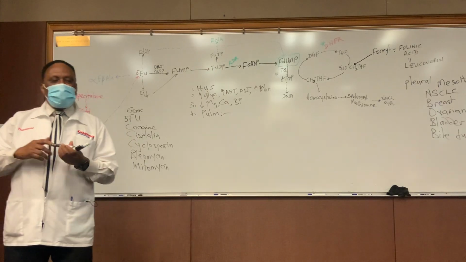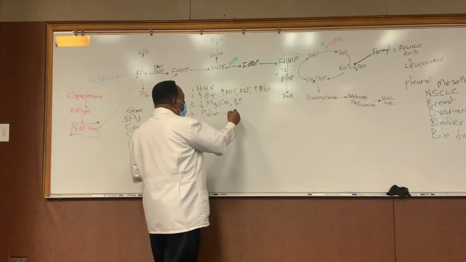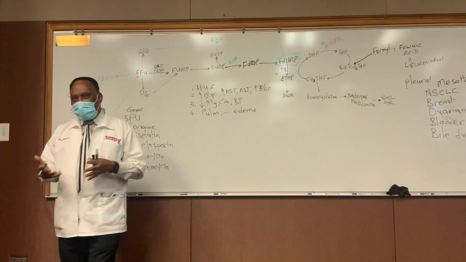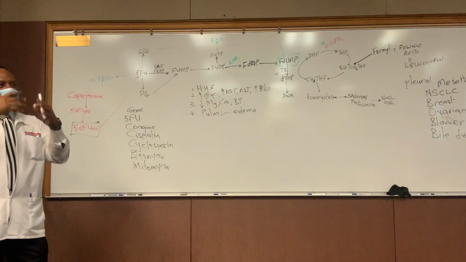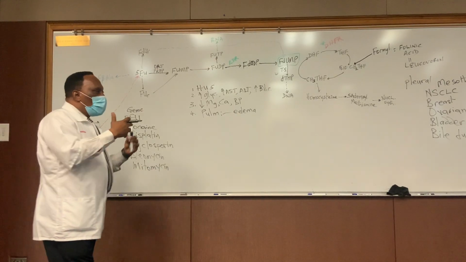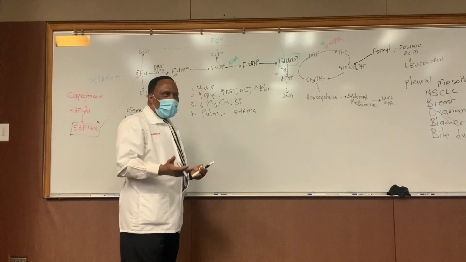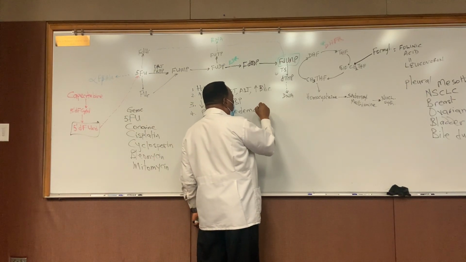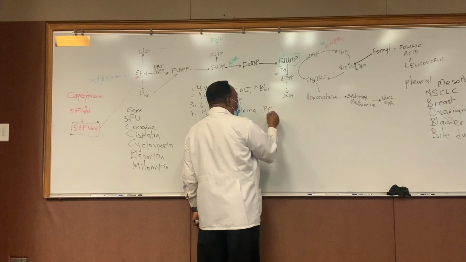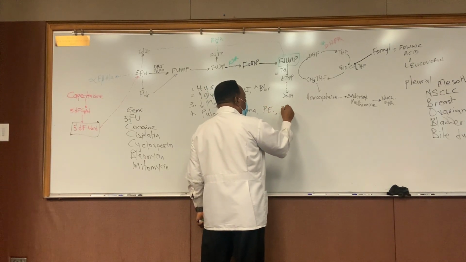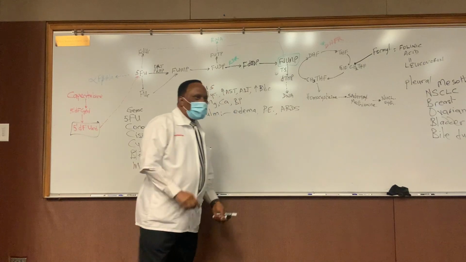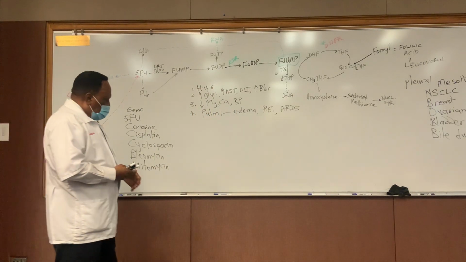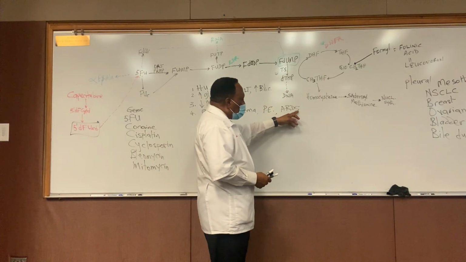It can affect the pulmonary system. It can cause edema. It may begin with your peripheral edema, and that can then lead to your pulmonary edema. So PE, pulmonary edema, and then you can have your ARDS, acute respiratory distress syndrome.